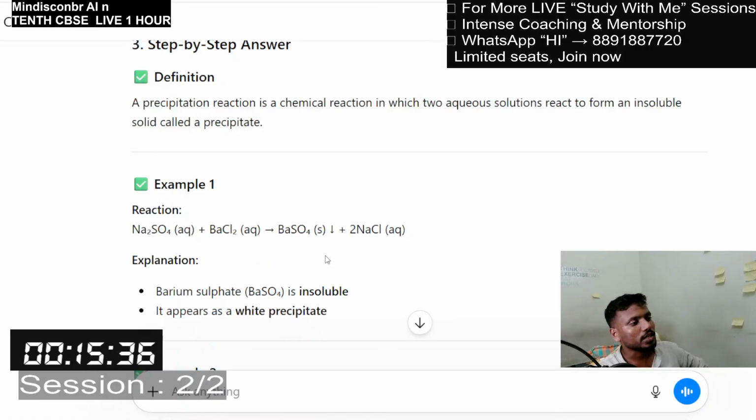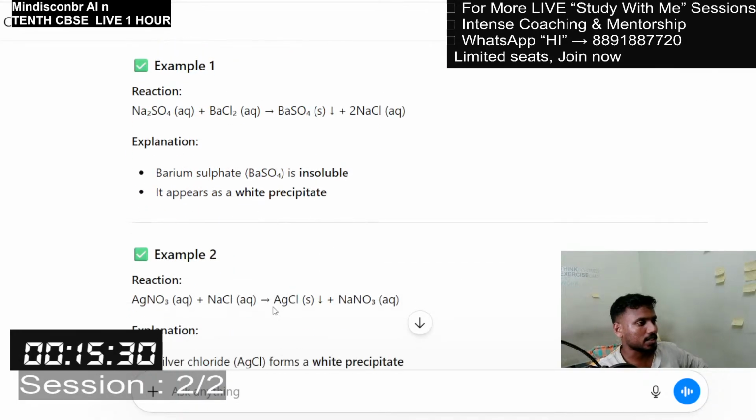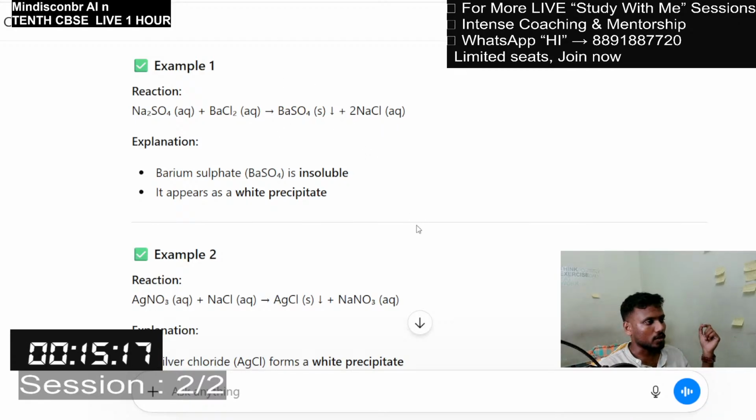Here BaSO4 is the precipitate. Barium sulfate is insoluble and white in color. Na2SO4, BaCl2 and NaCl are aqueous, whereas barium sulfate is solid.